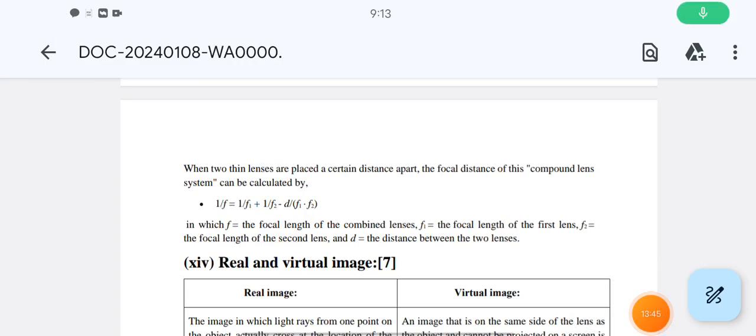When two thin lenses are placed a certain distance apart, the focal distance of this compound lens system can be calculated by 1/f = 1/f1 + 1/f2 - d/(f1·f2), in which f is the focal length of the combined lens, f1 is the focal length of the first lens, f2 is the focal length of the second lens, and d is the distance between the two lenses.